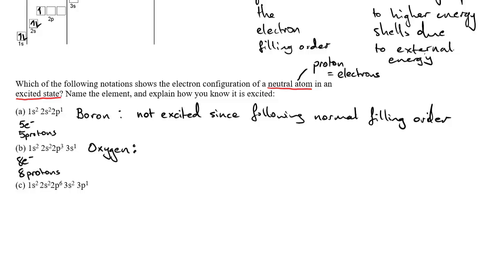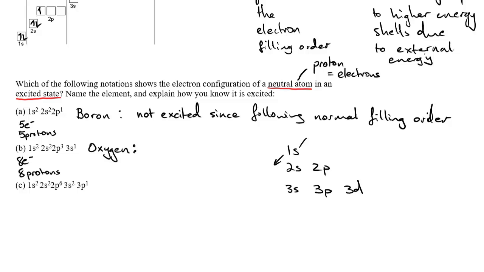Okay, and now a determination of whether this is in an excited state or not. Considering that you won't have this table that I just used for making your determination, let's consider the filling order. So 1s, 2s, 2p, then it's 3s, 3p, 3d. Okay, so this is how it has to be filled.